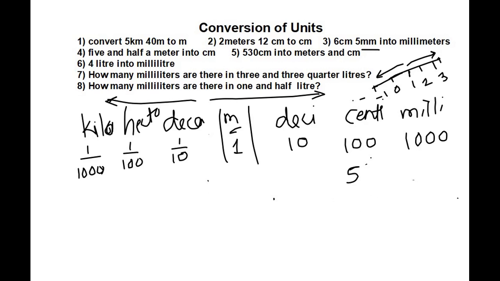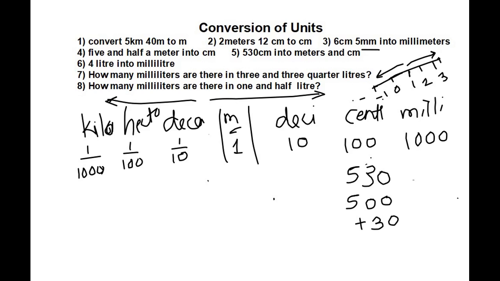Next we have 530 centimeter, and we need to convert it into meters and centimeter. So if we consider this to be 500 plus 30, why? Because everything is in the multiples of 10 or hundreds.